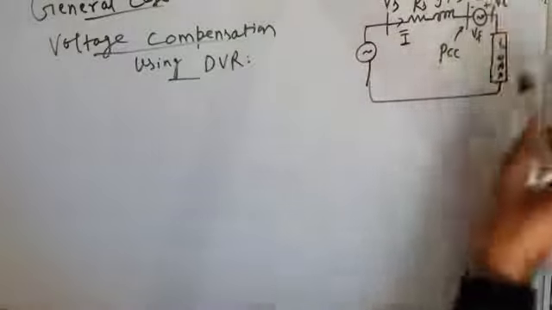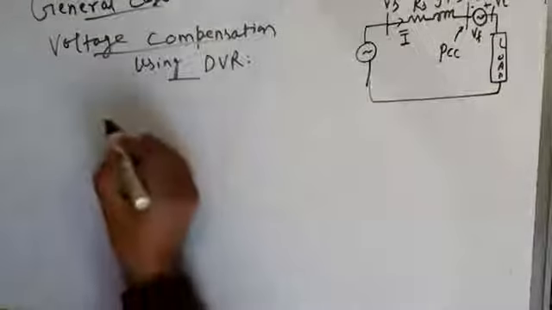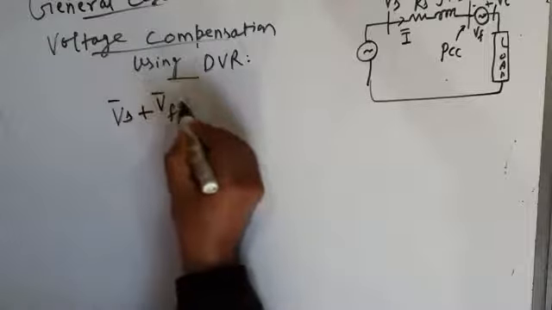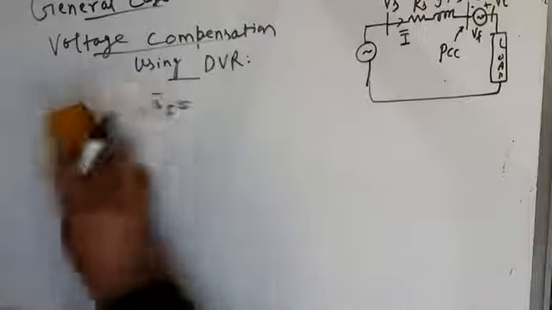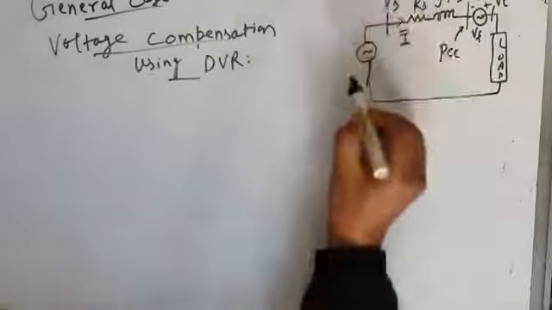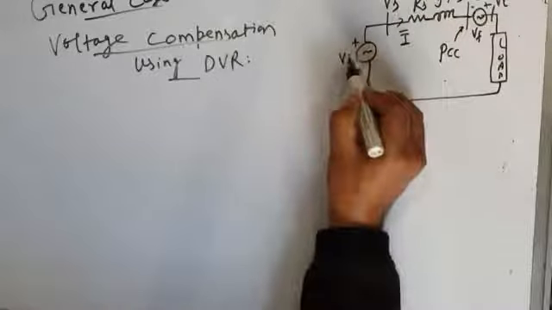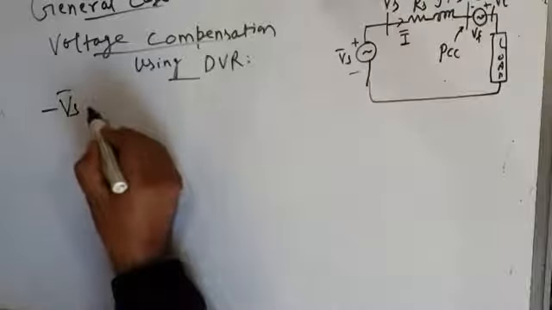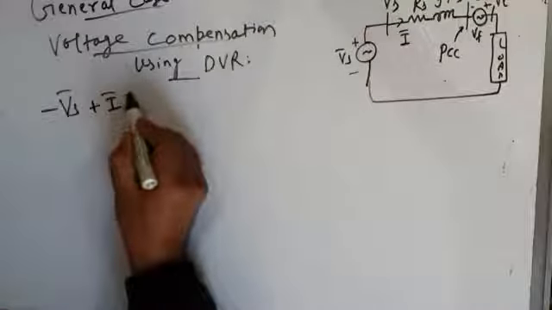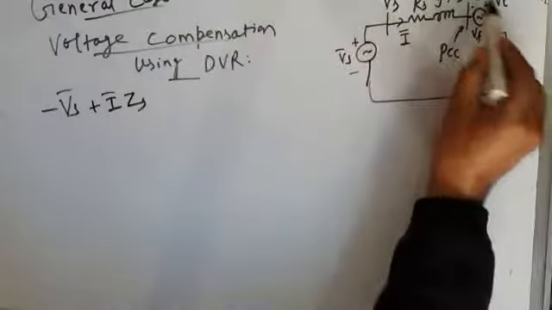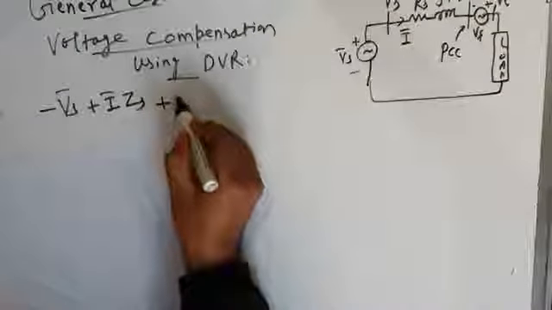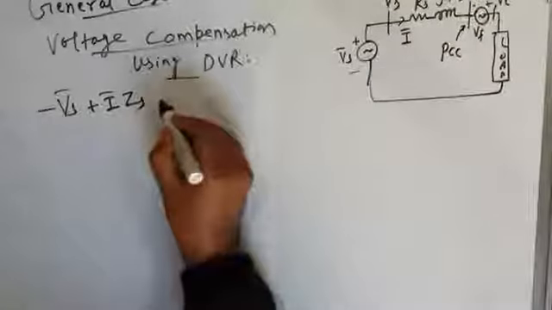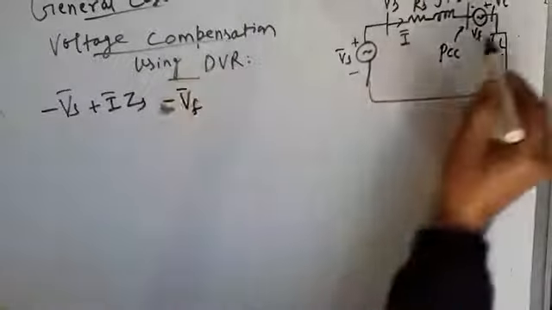Now if you apply KVL in this circuit, I will show you again. Start from here, minus to plus is Vs. This Vs is the same as this Vs. So minus Vs, then plus I into Zs, plus Vt, minus Vf, plus load voltage.